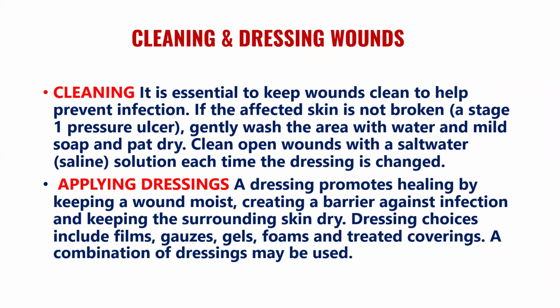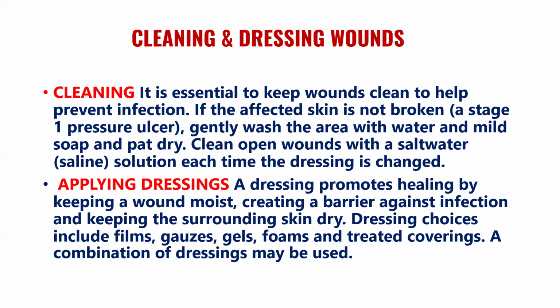Cleaning and dressing wounds. Cleaning is essential to keep wounds clean to help prevent infection. If the affected skin is not broken, a stage 1 pressure ulcer, gently wash the area with water and mild soap and pat dry.